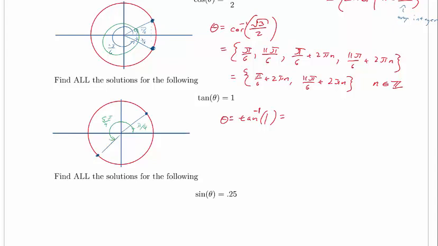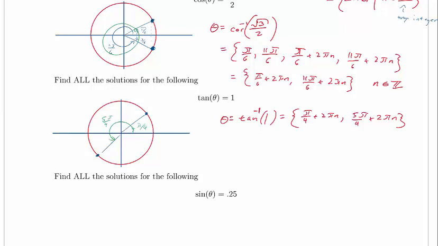Plus 2 pi times any number n. So we would write this as the set of pi over 4 plus 2 pi times n, comma, 5 pi over 4 plus 2 pi n.